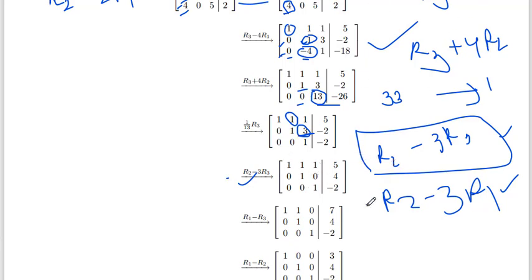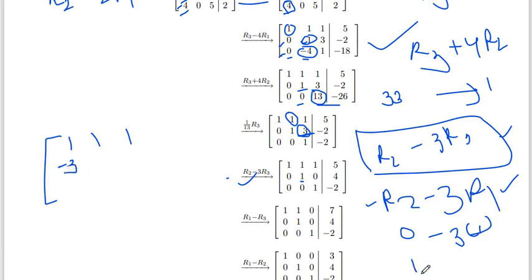But with the help of R2 minus 3 R1, the second row will be 1 1 1, R2 minus 3 R1. What will we get? R2 means 0 minus 3 R1 will be 1, so you can see that here we will get minus 3.